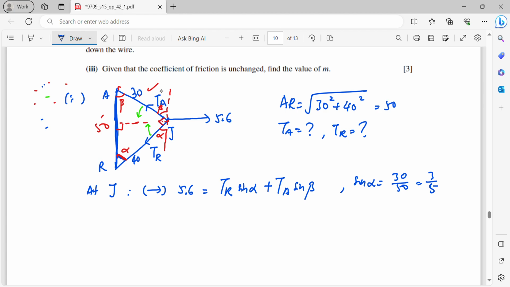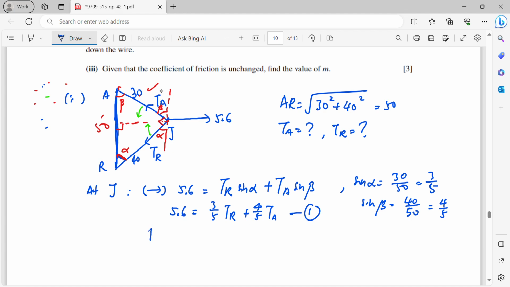And then now I need sine beta. Again, opposite side of the beta is 40 centimeters, hypotenuse is 50. Therefore, you are getting 4 over 5. Okay, then from here, I will get 5.6 equals sine alpha is 3 over 5 TR, then sine beta is 4 over 5 TA. This is my first equation.